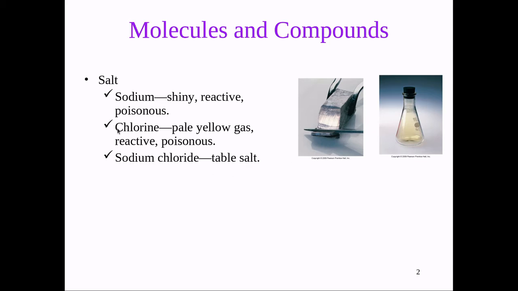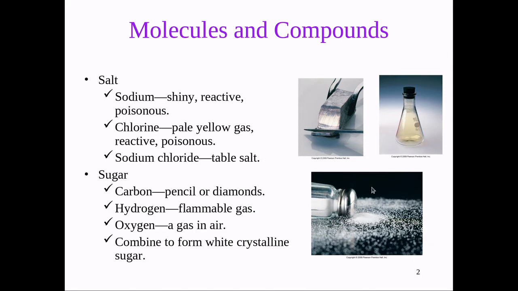Chlorine is a toxic gas that we can only trap in a flask, and it's also poisonous. Yet when we combine them together, we get sodium chloride, our table salt, which is something important for us to eat, and has very different properties than sodium or chlorine.